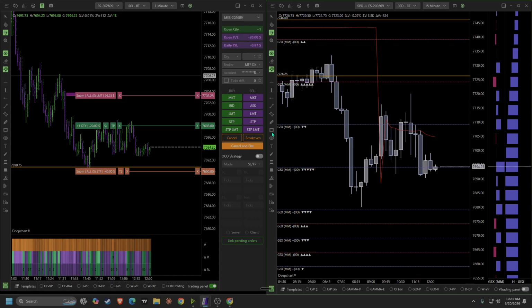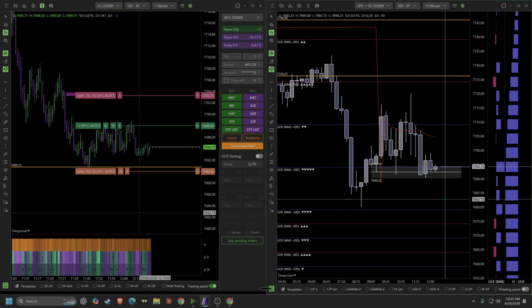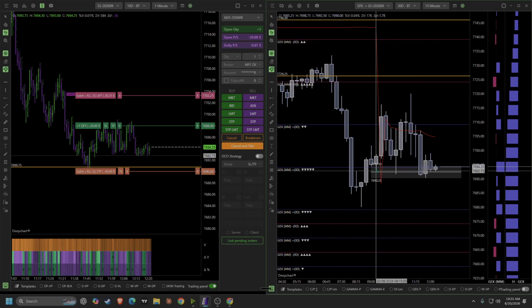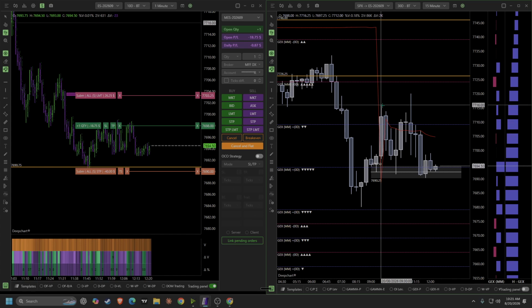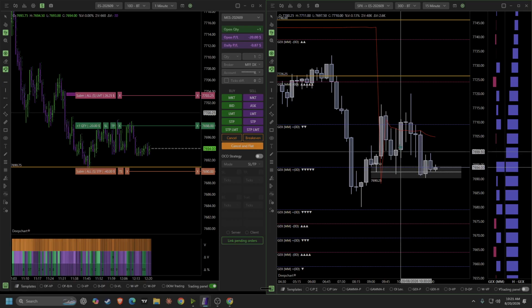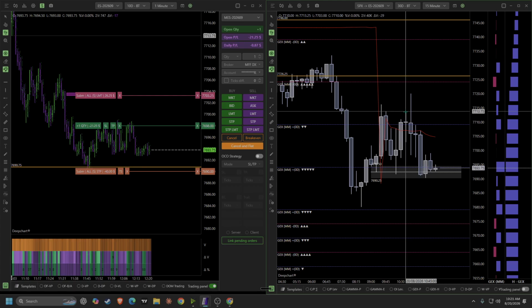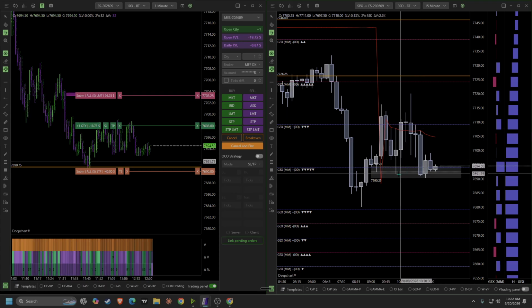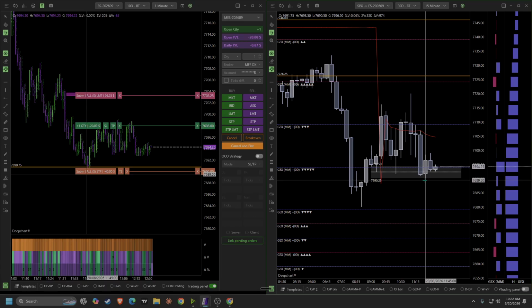Just by looking at the resistance, price is having a really hard time breaking through this zone, and this is essentially 3 hours. We ripped up, came back down, broke the low, retraced back up for about 30 to 45 minutes, for an hour, broke the high, came back down, retesting after breaking the low once again.